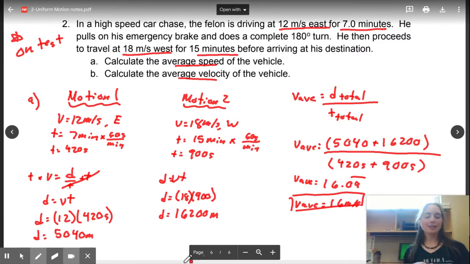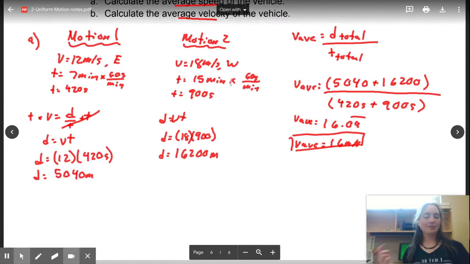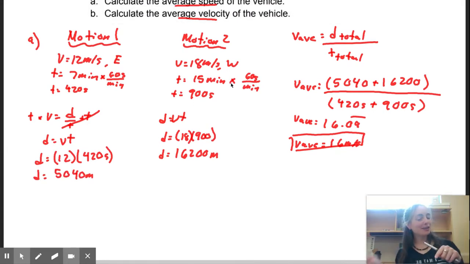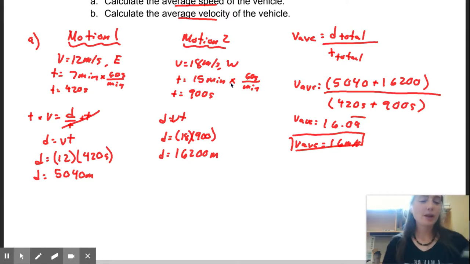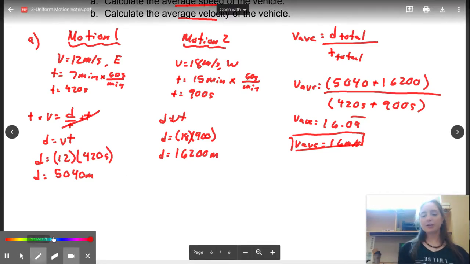Now we're going to need to calculate the average velocity. Now remind me again, what is the difference between speed and velocity? Vector. Velocity is a vector, so we need to focus on that direction. Okay. I'm going to do B in blue, okay, to make it easier to see.